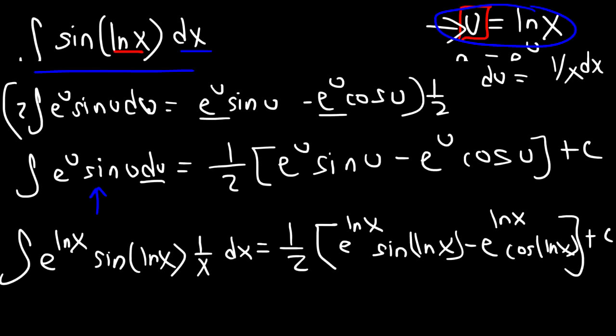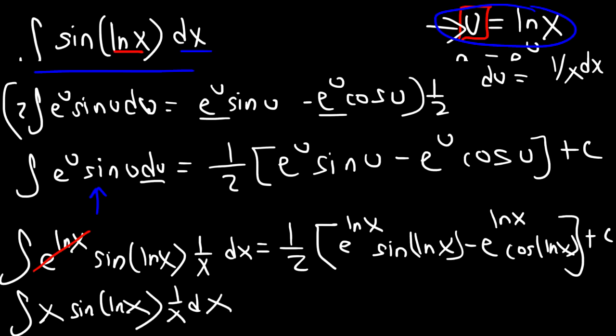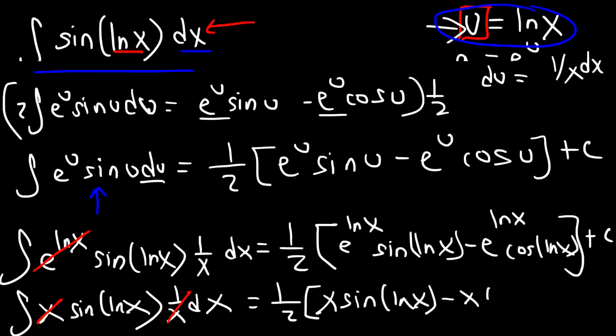So e to the ln x, we said that's equal to x. So this becomes x sine ln x times 1/x dx, and x and 1/x will cancel, giving us back the original expression. On the right side, everywhere you see e to the ln x, that's going to be x. So it's x sine ln x minus x cosine ln x plus c.